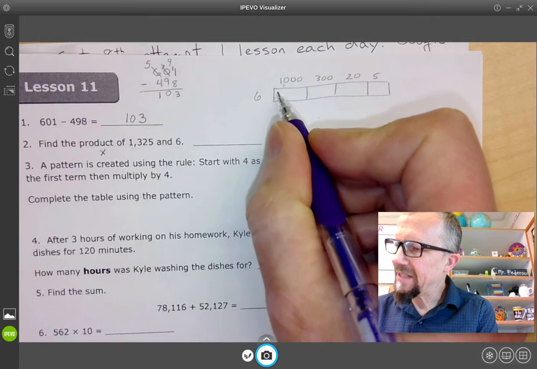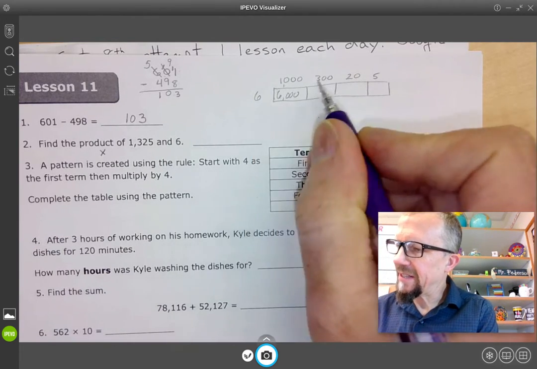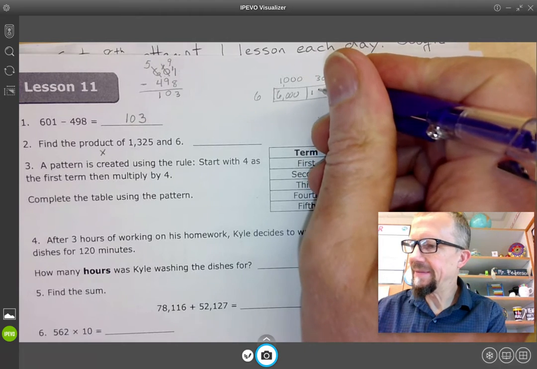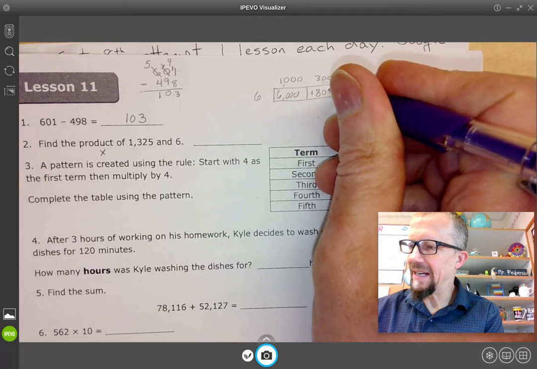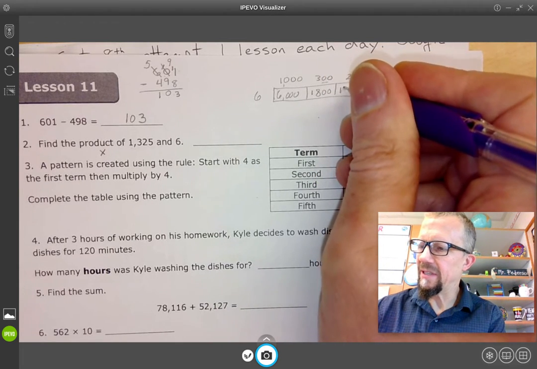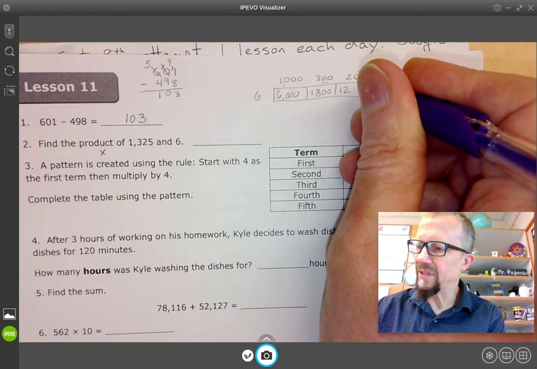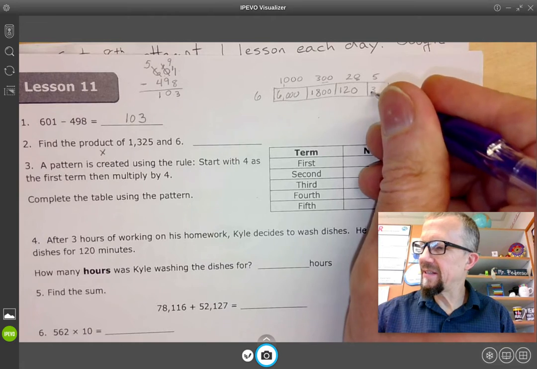So 6 times 1,000 is 6,000. 6 times 300, I've got 6 times 3 is 18. But this was 300, so it's 1,800. 6 times 20, 6 times 2 is 12, but this was 2 tens, so we have 12 tens. And 6 times 5 is 30.